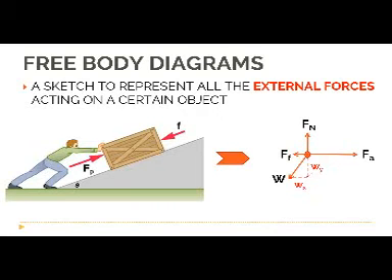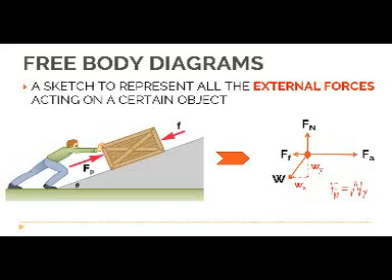Since W sub y is directly opposite to the F sub n, we can say that the normal force is equal to W sub y, the y component of our weight. How can we solve for the value of our W sub y?